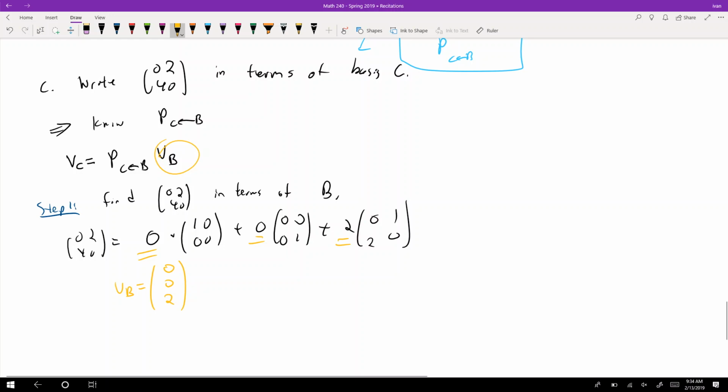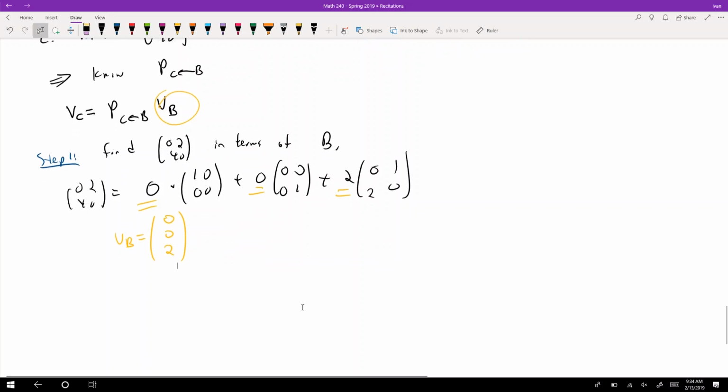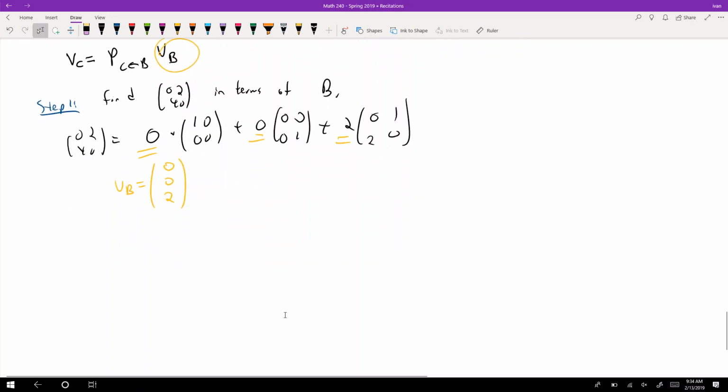Any questions? Okay. Now step 2: VC is equal to PCB times VB, so that's equal to 1/3, negative 1/3, 1, 2/3, 1/3, negative 1, negative 1/3, 1/3, 0.